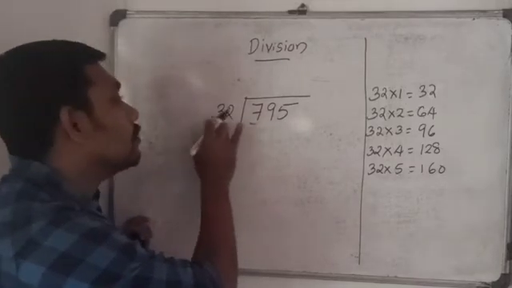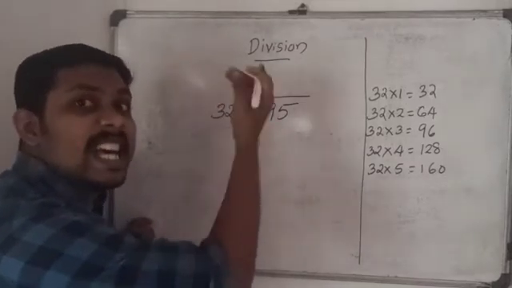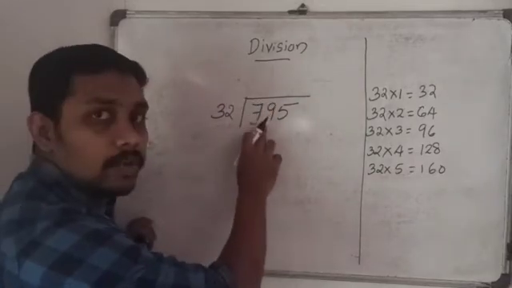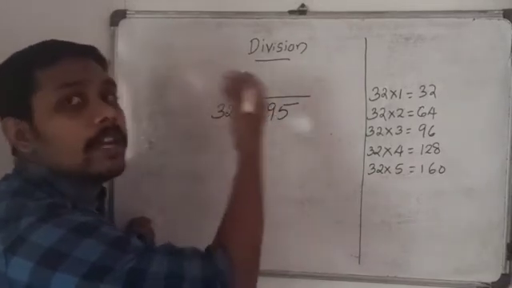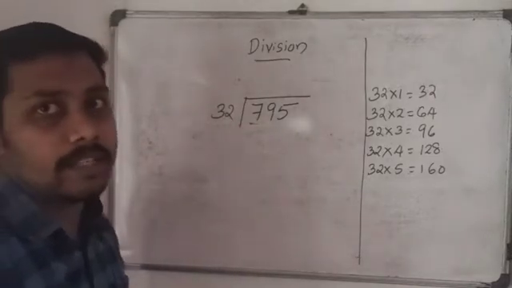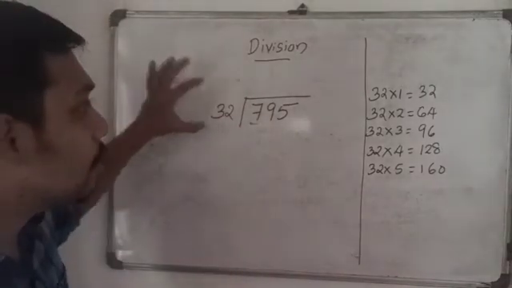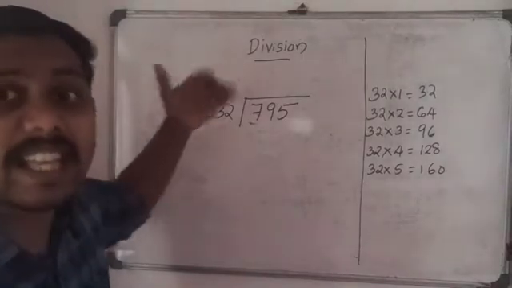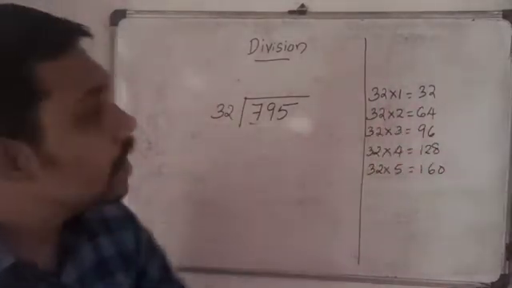We need to check the multiple of 32 which is less than or equal to 79.